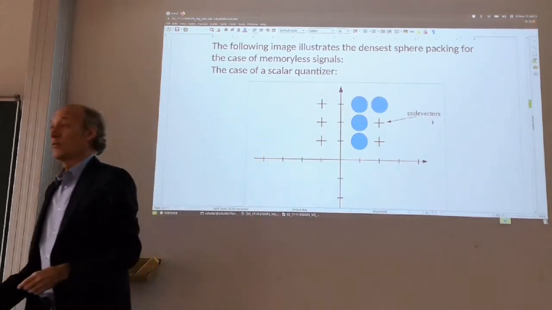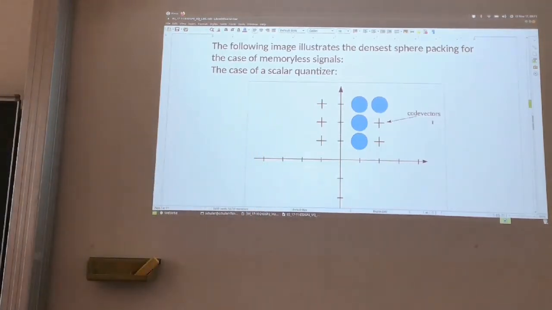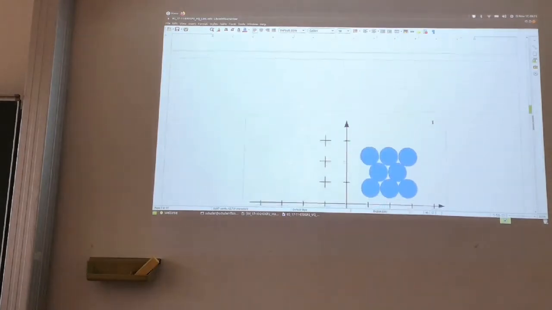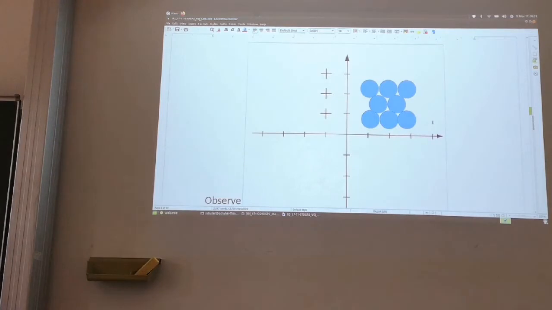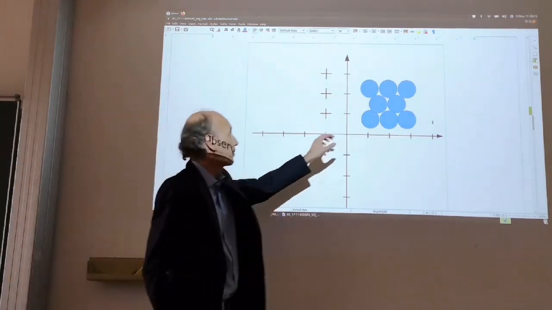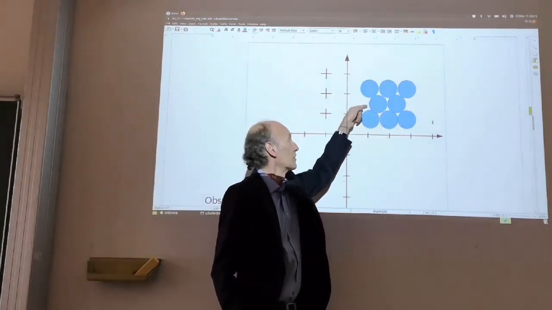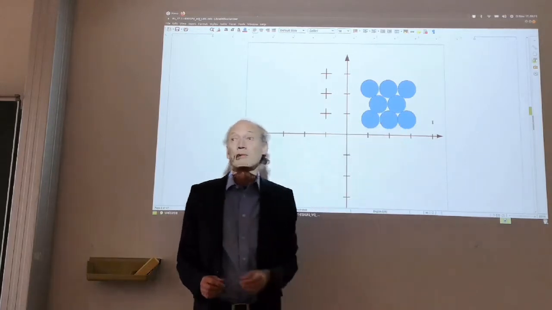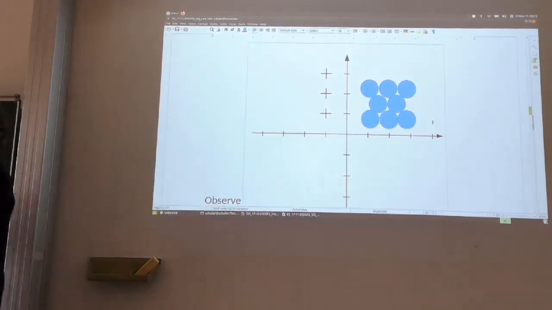This is the same, or uniform, for each axis. But if you go to the 2D case, we can pack those circles closer together such that the next layer is in the gaps of the previous layer. And this way you have finer quantization.